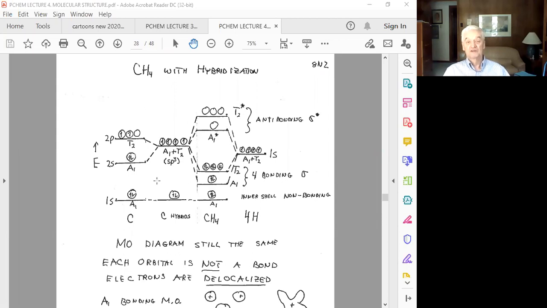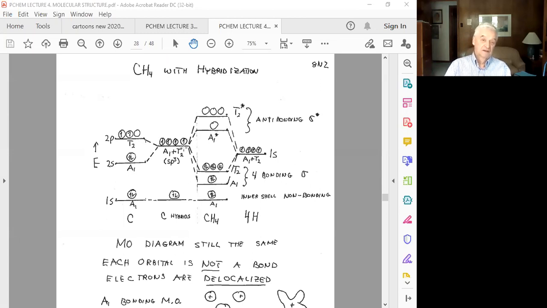And that would give you the structure of methane, and you can call each of those an sp3 hybrid geometrically. If we do this on an energy basis, and I want to create 4 of them all equal, then the energy here is going to be 3/4 of the way up from the A1 to the T2p orbitals that we have. So we would have 4 orbitals up here.